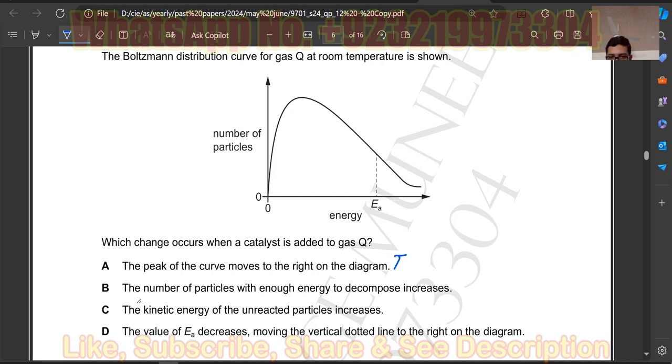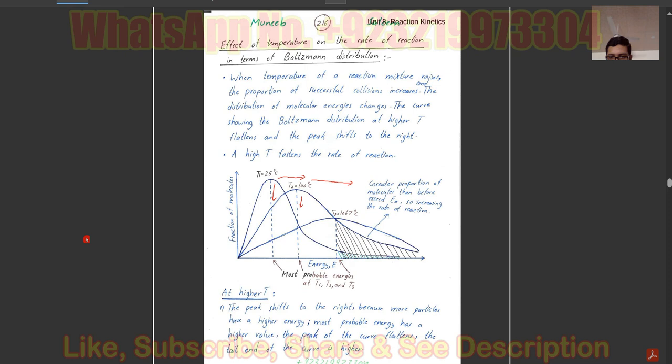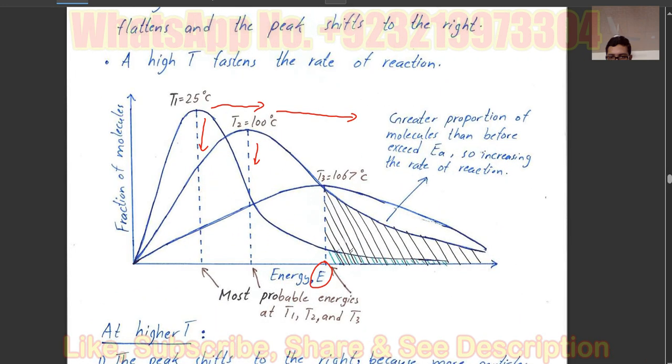Then C option says the kinetic energy of the unreacted particles increases. The kinetic energy of the particles means more molecules present at the more energy side.